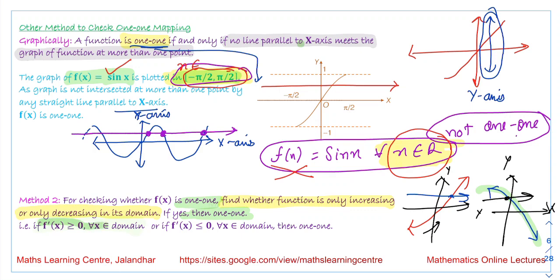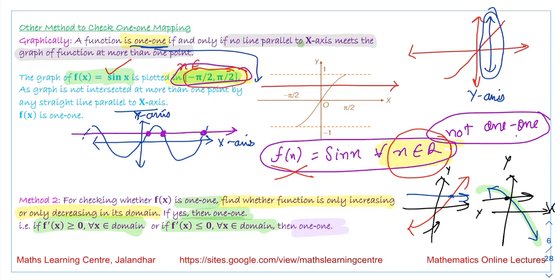That is, if f'(x) is greater than or equal to 0 or f'(x) is less than or equal to 0 for every element x of the domain, then the function is 1-1. So these are also the methods to prove that a given mapping is a 1-1 mapping.